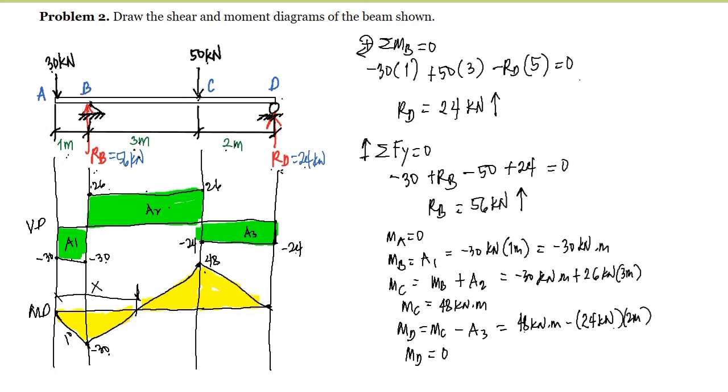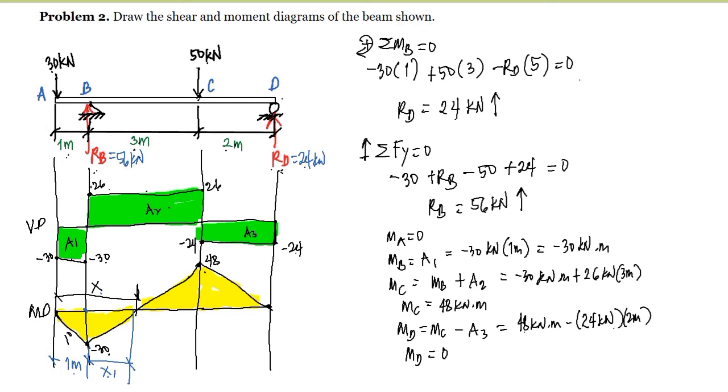And this distance going to here, I will call x sub 1. And of course, we have here 1 meter. So x is equal to 1 plus x sub 1.